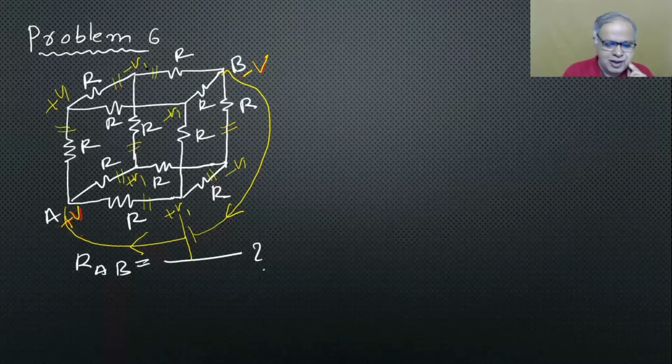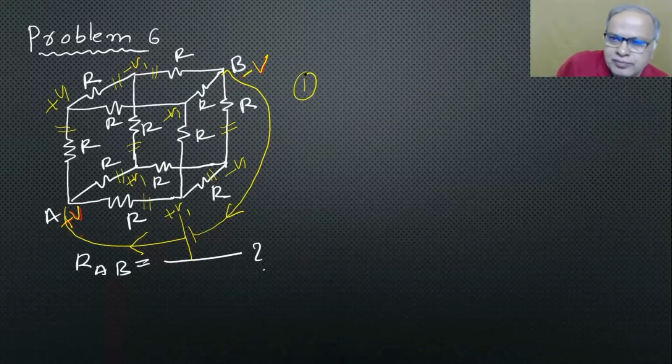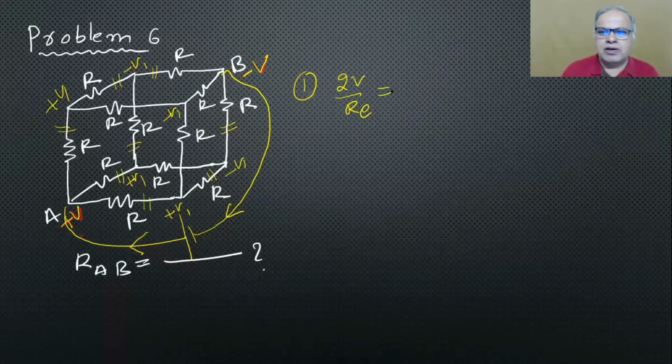Now, the first way is the best way, the junction. So 2V by R effective equals what? Shall I write three times (V minus V1) by R?